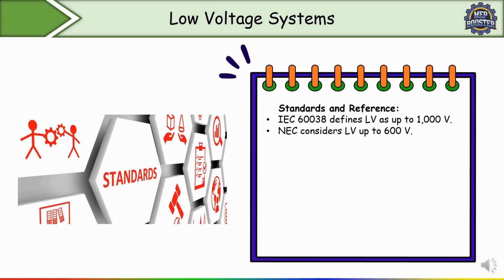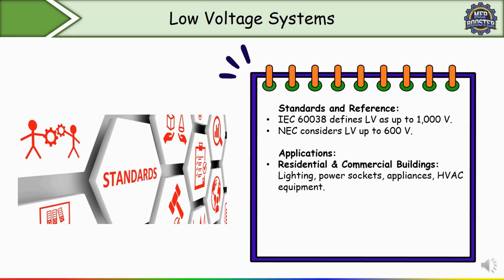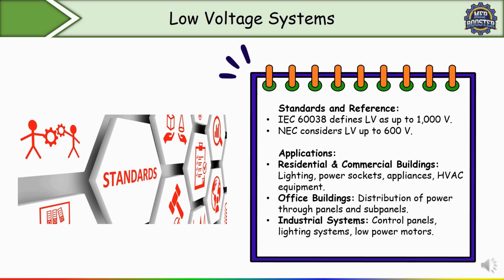Now the applications: first of all, low voltage system is used for residential and commercial buildings, for lighting, power sockets, appliances and HVAC equipment, and it is also used in office buildings and industrial systems. So this is all about the low voltage system.